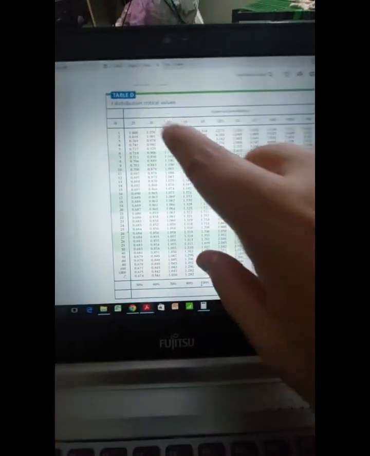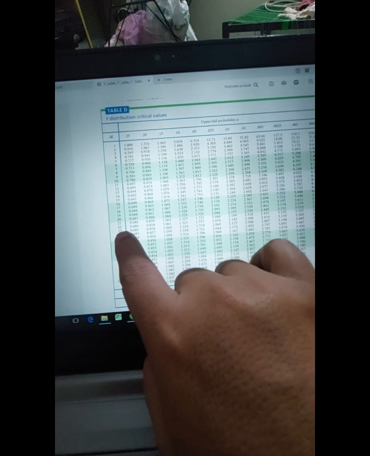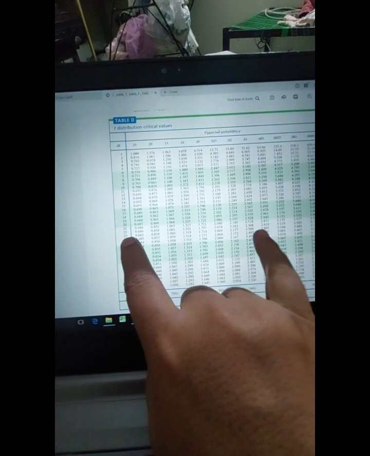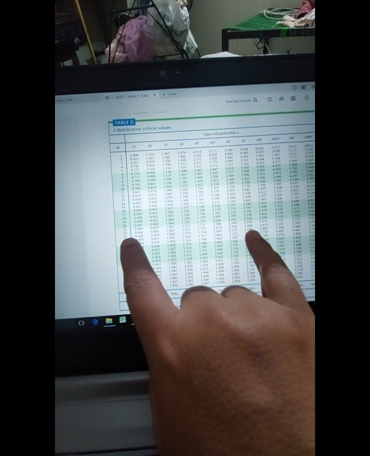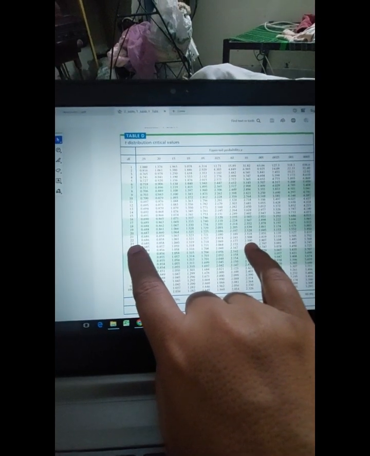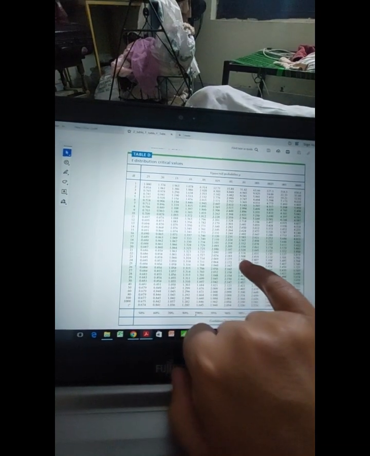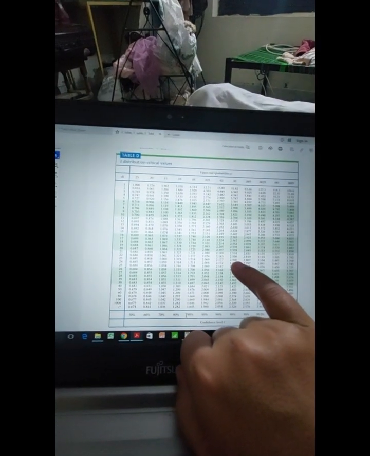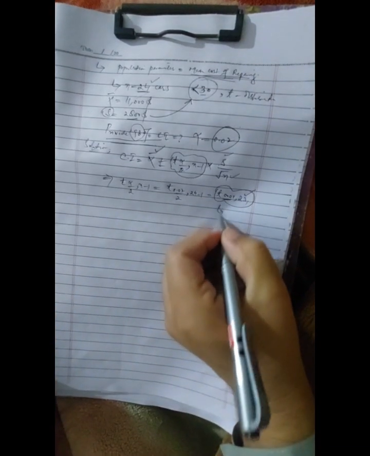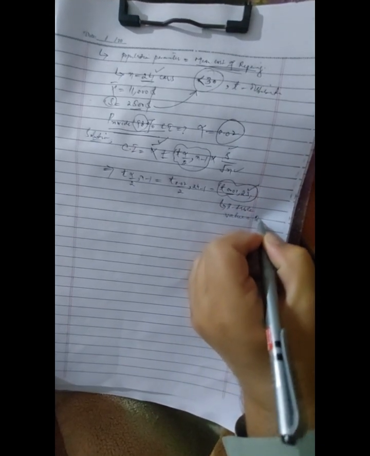So for the degree of freedom 23 and the level of significance 0.01, it gives us a value of 2.5. This is the value that we need here. So from the t table, the value is 2.5.